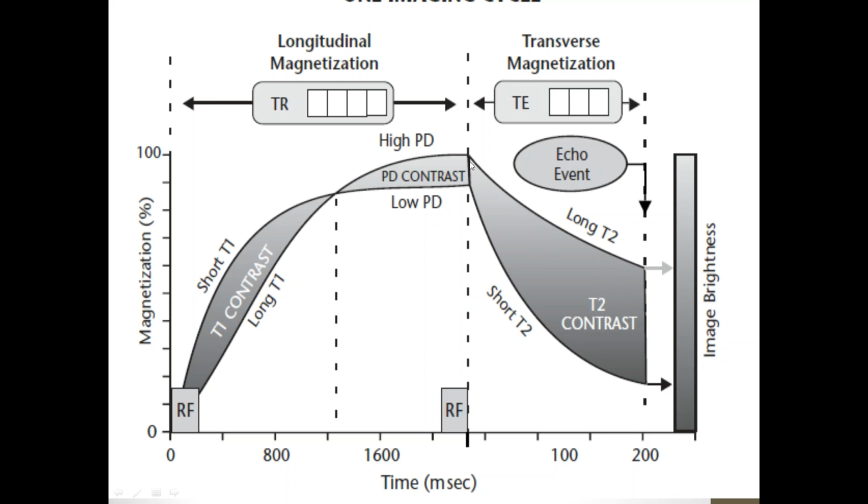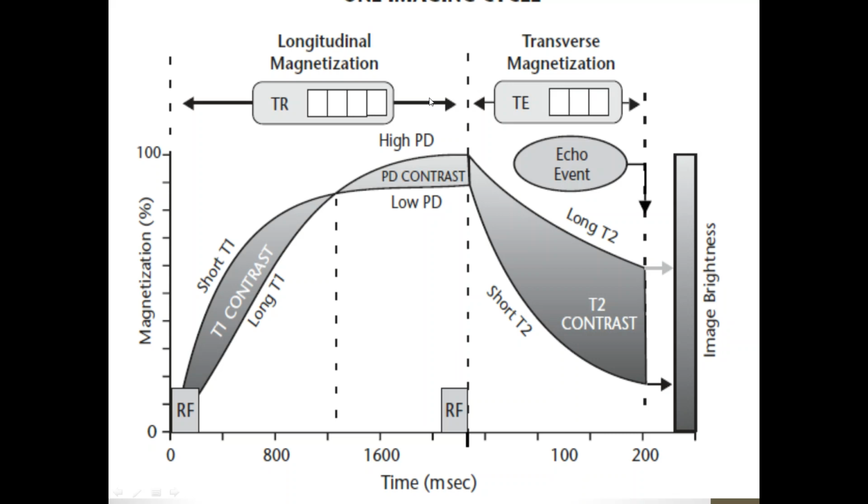So we have to select short TE. Why? Because there is a small difference in transversal magnetization between water and fat. So in the proton density sequence, you must remove the effect of transversal magnetization and longitudinal magnetization. But here in the proton density sequence, we will depend on the number of protons.